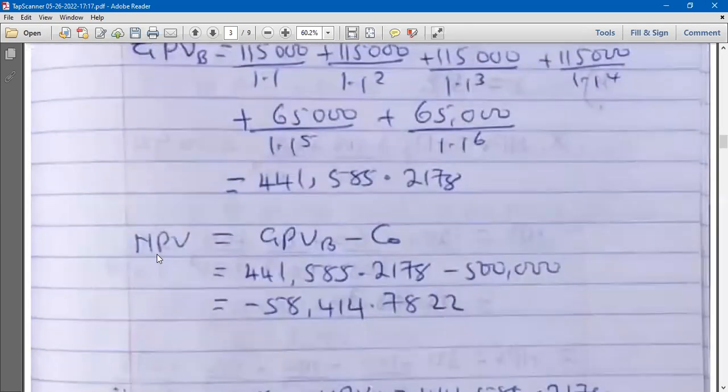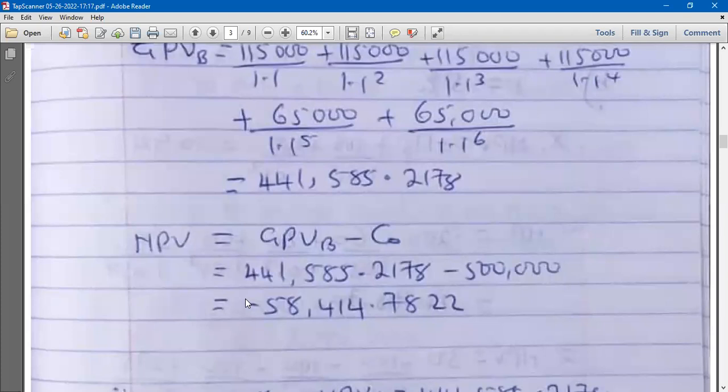Then if you want to find the NPV, it is the gross present value of the benefits minus the initial cost. So doing this, we have minus 58,440.7822. So this is the value of NPV. Assuming we were to check the viability of this project, because NPV is negative, we would have rejected the project.